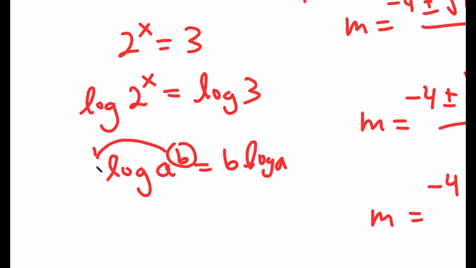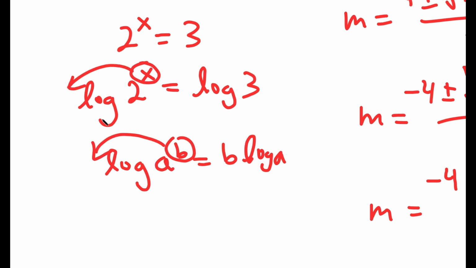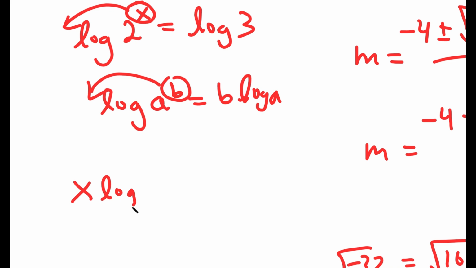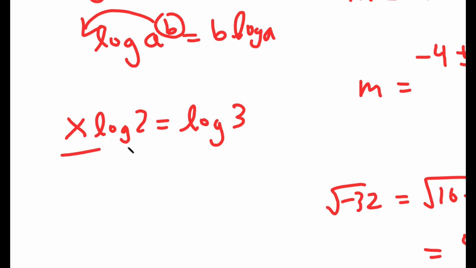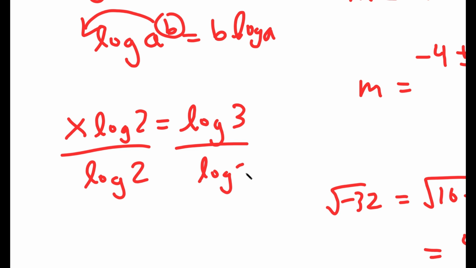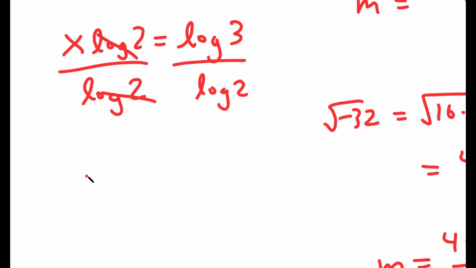So I can move the exponent to the front. So if I move x to the front, I get x times log 2 is equal to log 3. Now, I'm going to divide both sides by log 2. So these two cancel out, and I get x is equal to log 3 over log 2.